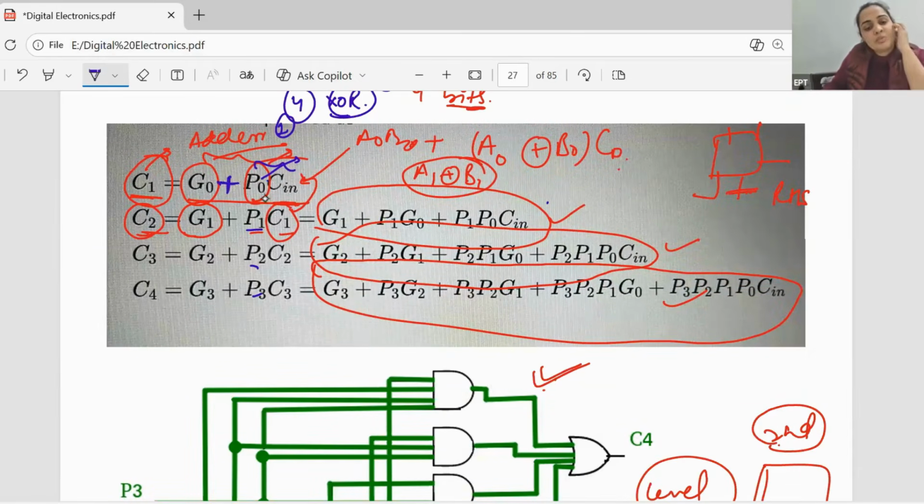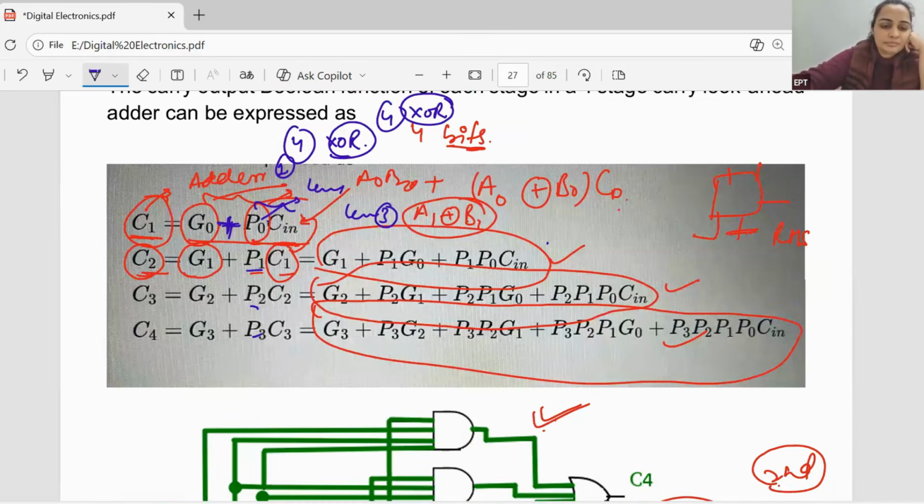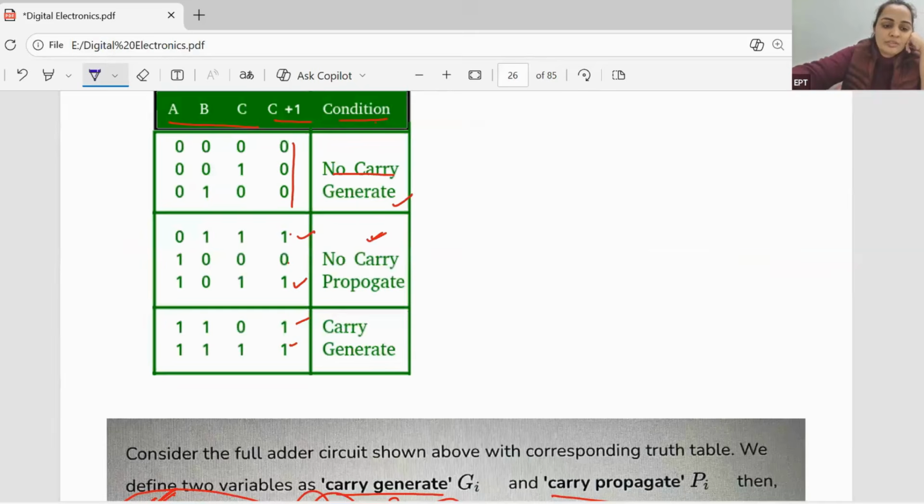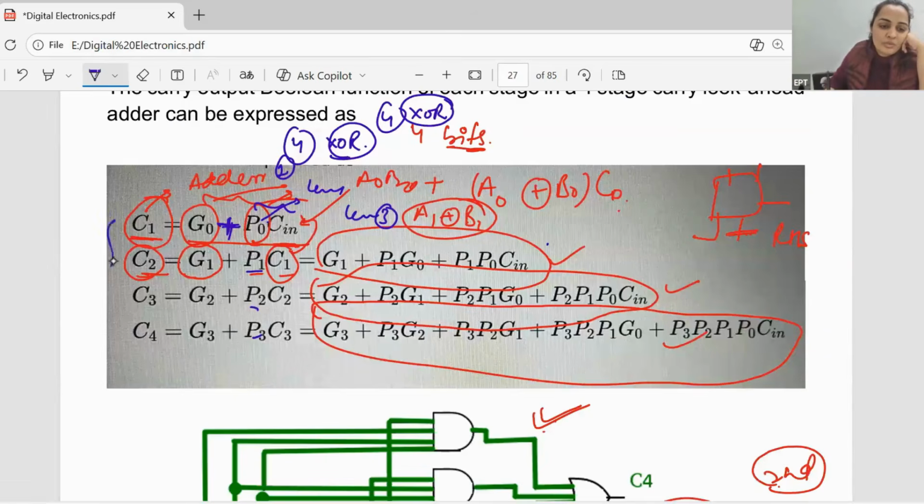So to perform the AND operation, we call it level 2, and for addition, we call it level 3. Here you will see n into n plus 1 by 2 number of AND gates and n number of OR gates. Why n number of OR gates? Because we are getting 4 carry values, so 4 OR gates are required.